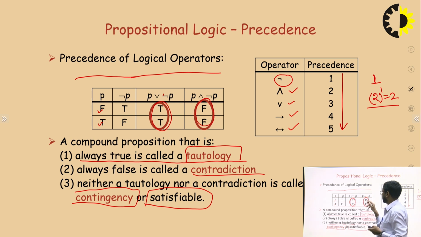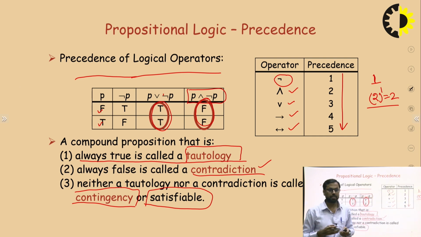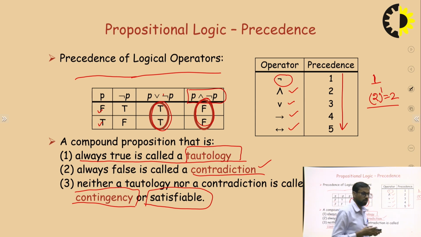So all the values are false, that is a contradiction. And what is satisfiable or contingency? When we have neither a tautology nor a contradiction, it is called satisfiable or contingency.